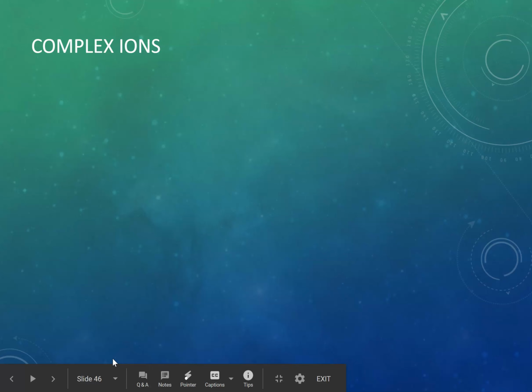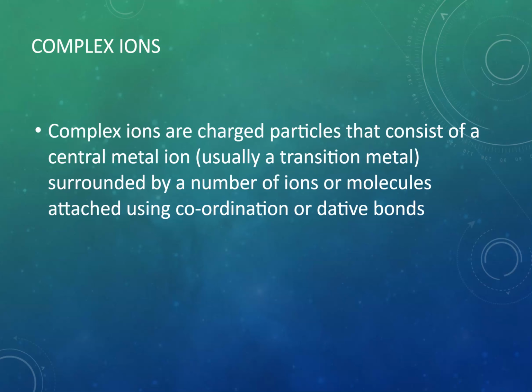Well, there's a lot of chemistry behind complex ions, which I really don't want to get into in this video. So all I'm going to do is say that complex ions are charged particles which consist of a central metal ion, which is usually a transition metal, although aluminium and lead can form complex ions as well, surrounded by a number of ions or molecules which are attached using what are known as coordinative or dative bonds.